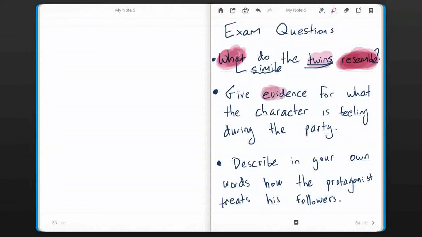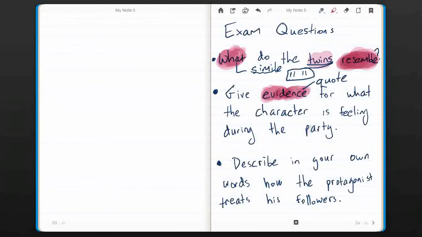Evidence is a really key word in this one, and evidence always means you have to use something from what you've read in the text, which means you've got to use maybe a quote from the text. A quote just means you're going to put it in speech marks, okay? So remember, you've got to use speech marks if you're quoting, but if you're just giving one word from it, maybe you can get away without using speech marks. The rest of this sentence says, give evidence for what the character is feeling during the party.